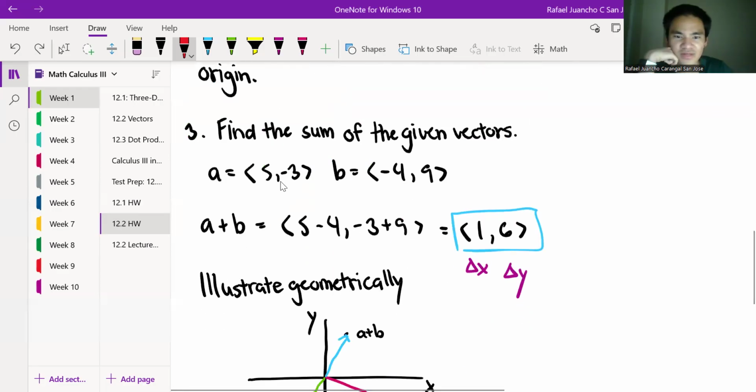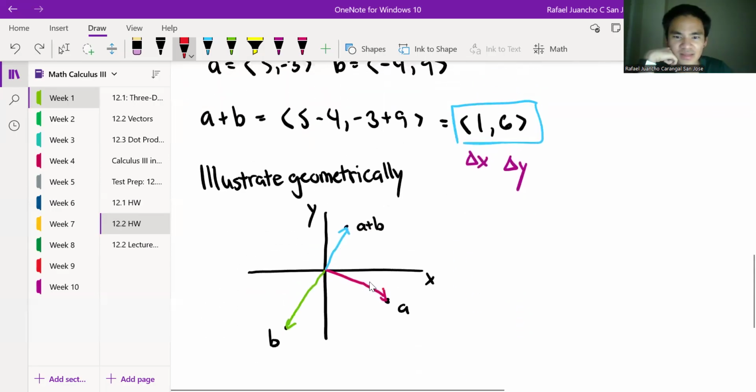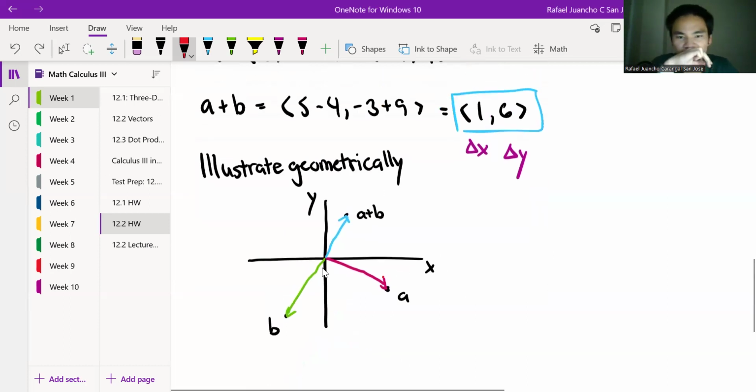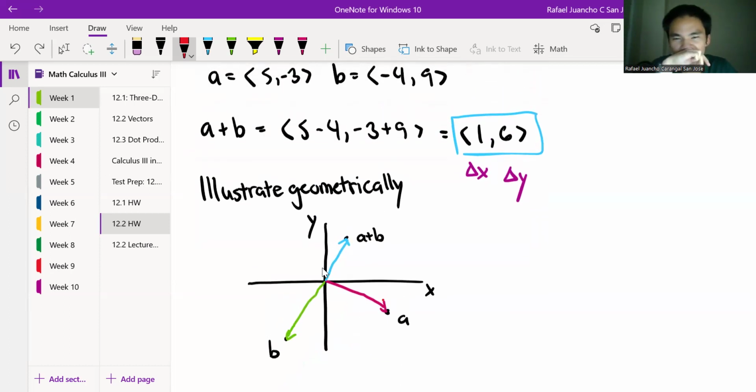Also, if you look at my vector A, yeah, my vector A is right, definitely. My B is not right, though. It's negative 4, 9? Oh, so it's negative 4 to the left, but should be 9 up.